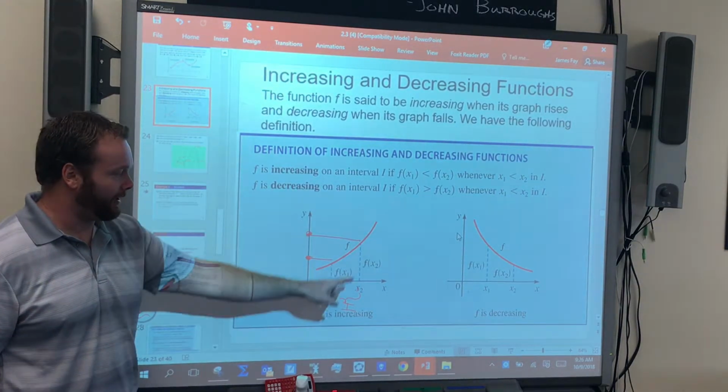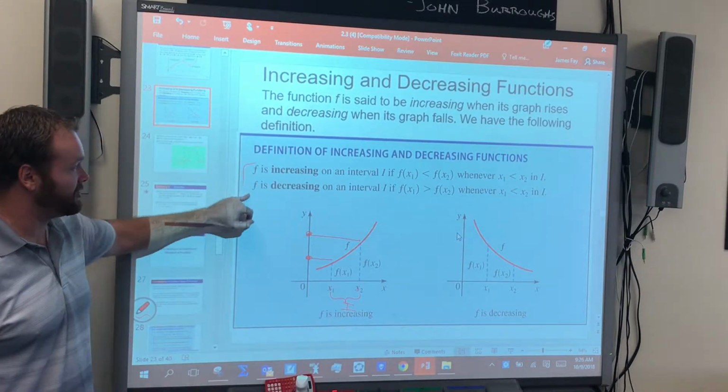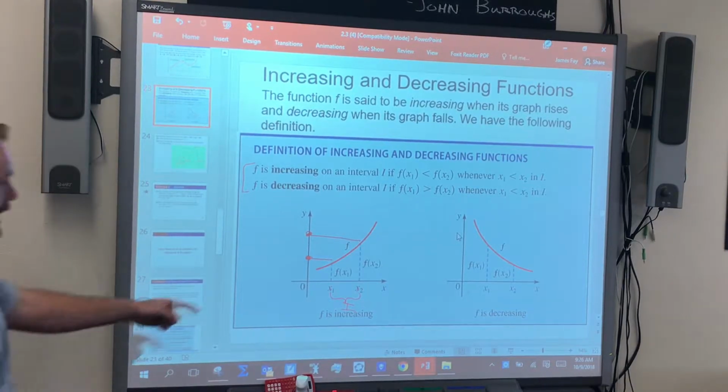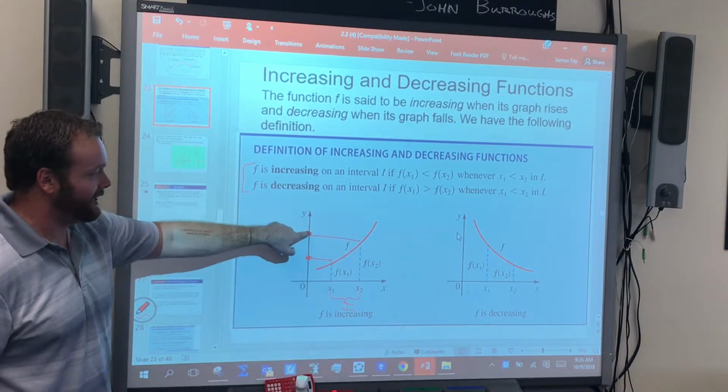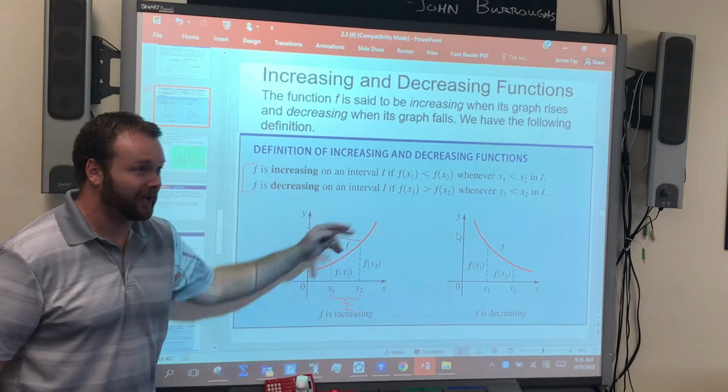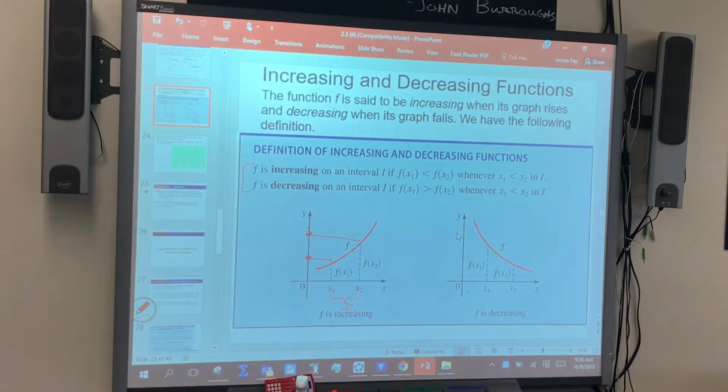Okay. So we gotta understand that, and especially in both these actually, that we're kind of evaluating left to right on the x-axis. Okay. So if we get results for y values in which this first y value is less than the second y value, then that means the only way that I go from the first y value to the second one is to climb, right? To increase. So my function is increasing.